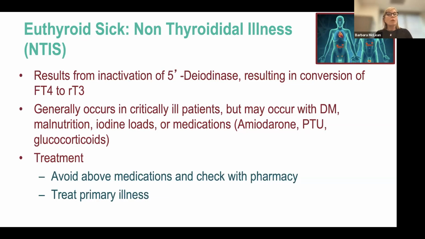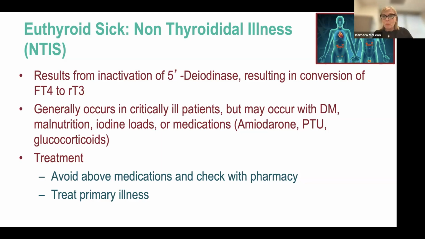So in euthyroid sick syndrome, or non-thyroidal illness, or inflammatory syndrome, this actually results in the conversion by deiodinization of free T4 to reverse T3. Now, reverse T3 is not biologically active.